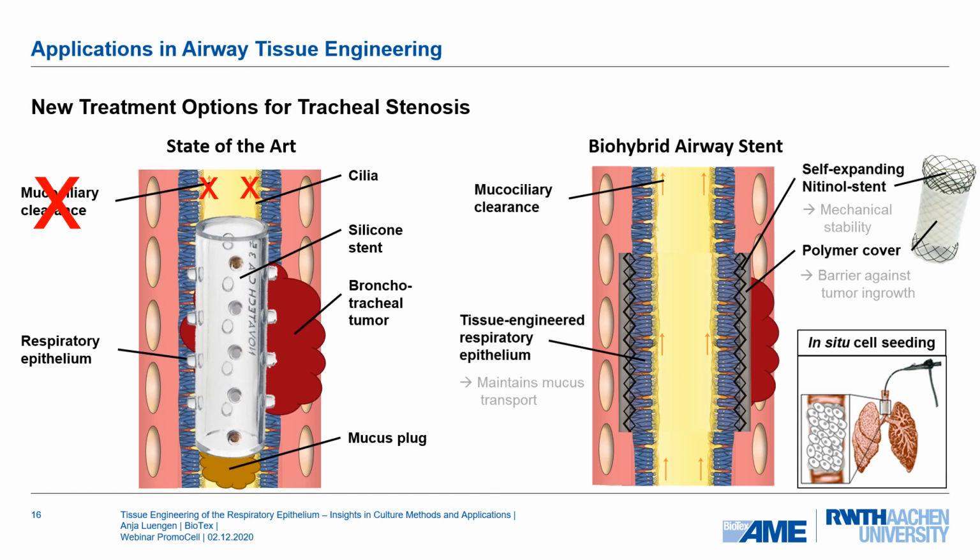To achieve a uniform distribution of cells on the inner stent surface, the cells are sprayed on the stent after stent implantation via a specialized cell spraying procedure using a catheter.